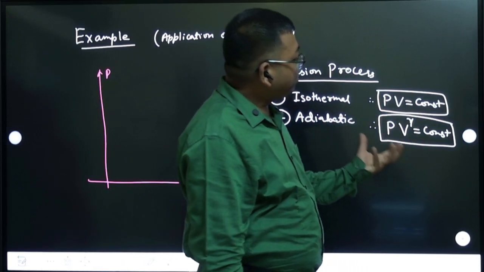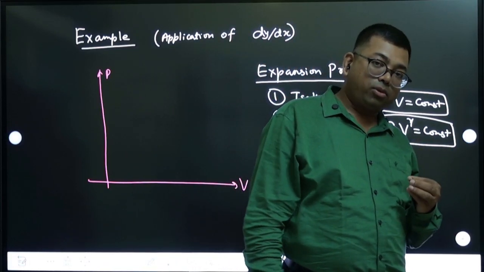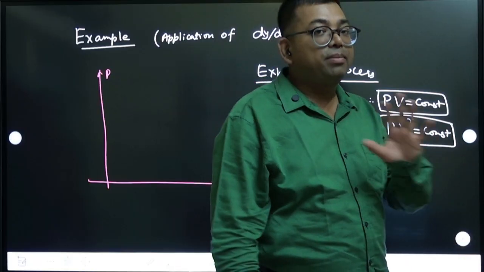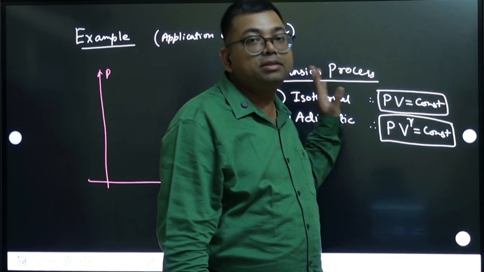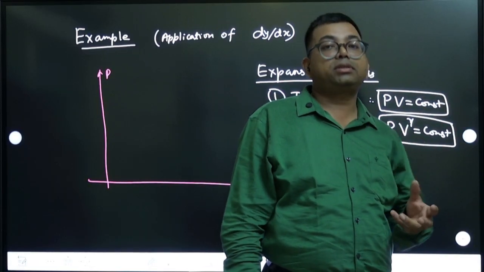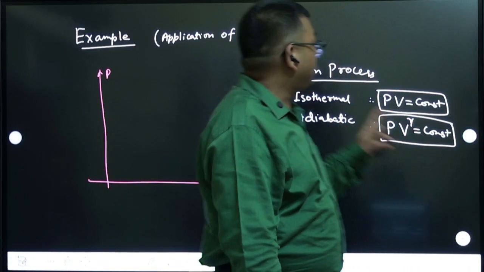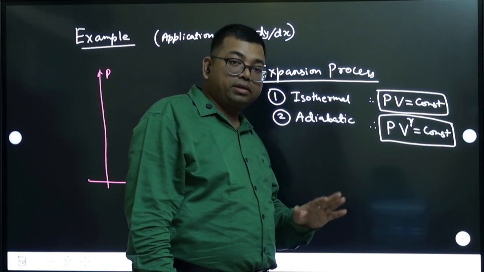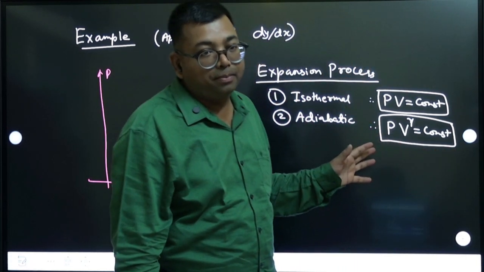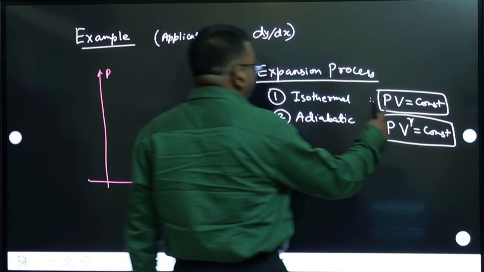Now I want to plot this graph, not just plot, I want to get an idea about the slope. I want to study the slope, that means I want to study dy by dx. Here the y-axis is pressure and the x-axis is volume, and I want to understand how the area under the graph is different during expansion and during contraction, because we will take the contraction process also, but the relationship remains the same. Okay, let us try to understand this. So PV is constant.